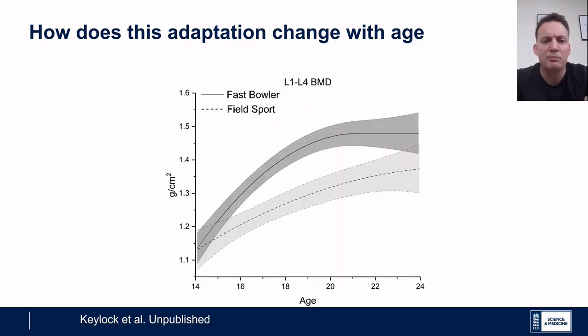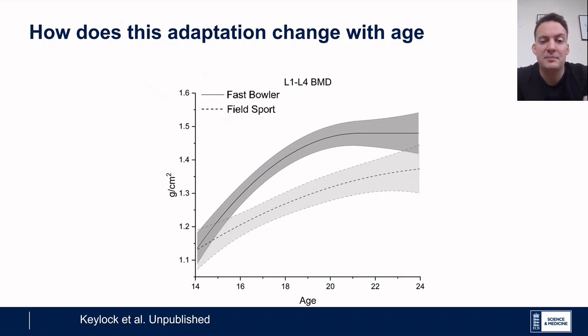And what we found in this is that at age 14, across the whole lumbar spine, there's really not that much difference. And it's only really in late adolescence that we start to see this large difference between the fast bowlers and our field sport controls.